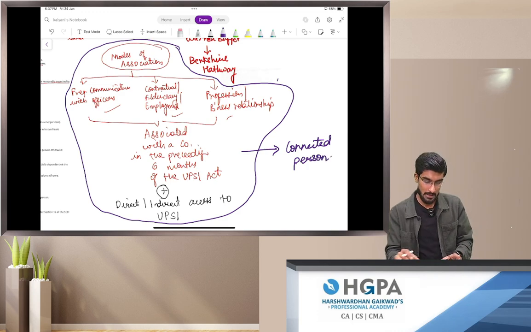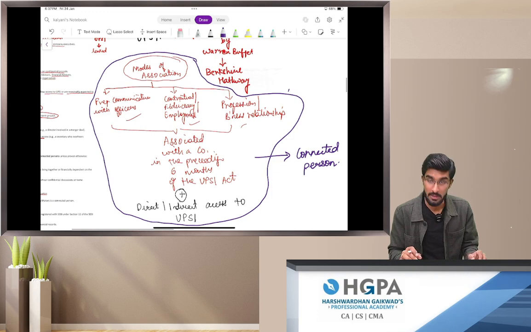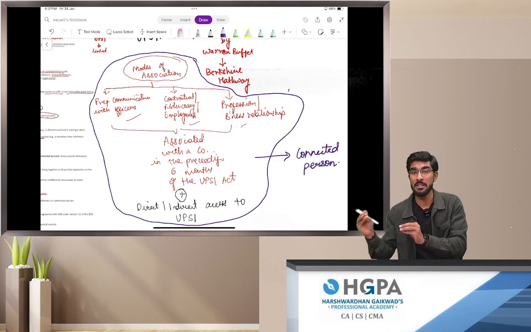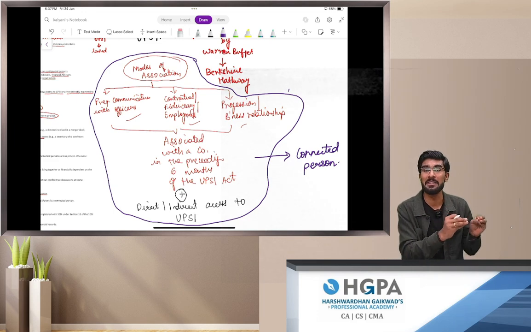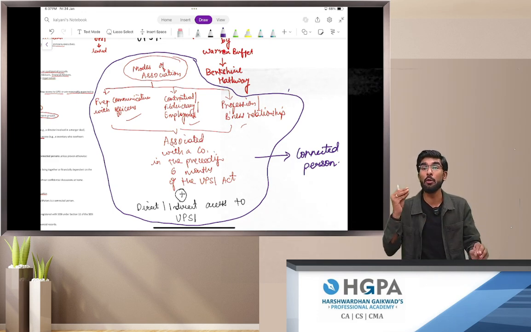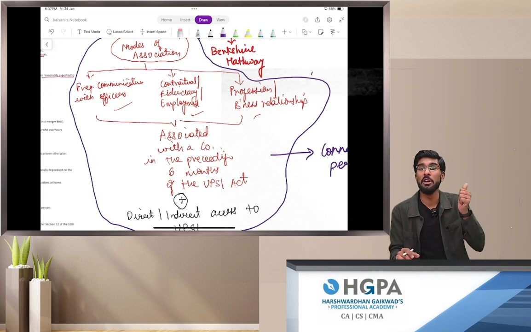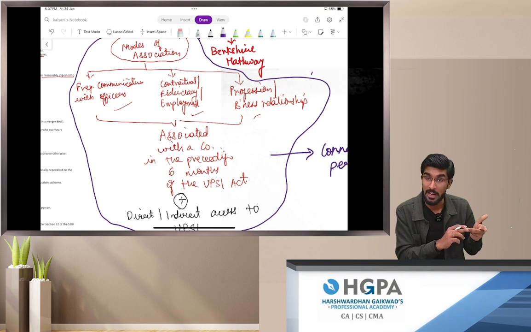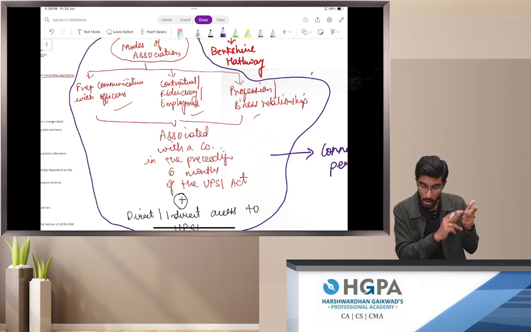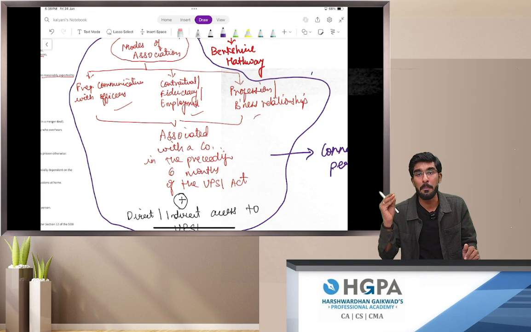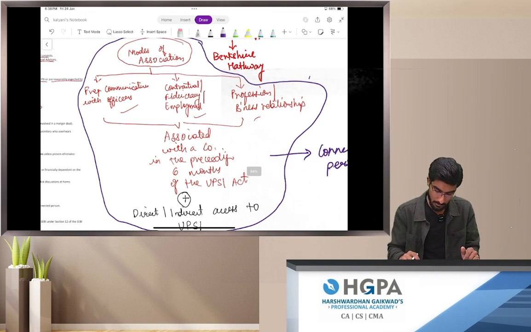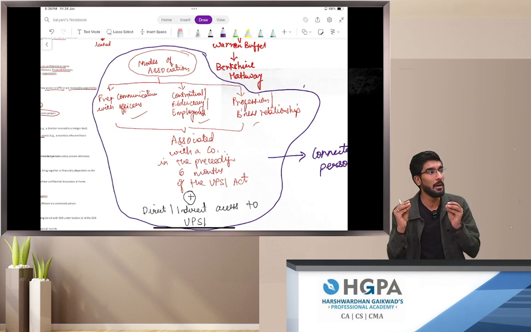A connected person means a person who was associated with the company in the past 6 months, plus he had access to UPSI or could have access to UPSI. Now, what is called association? Association means frequent communication with the officers, being in the capacity of fiduciary, contractual or employment relationship, or a professional or business relationship. This is called a connected person.